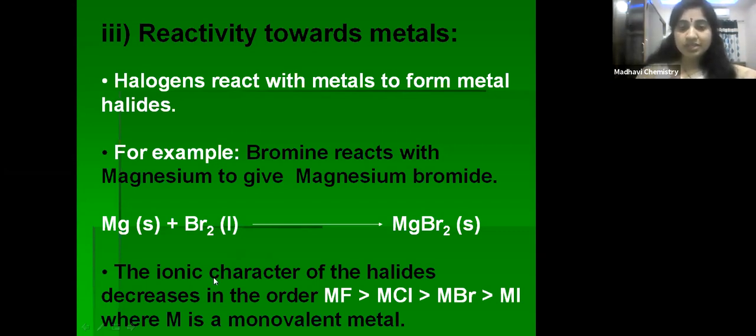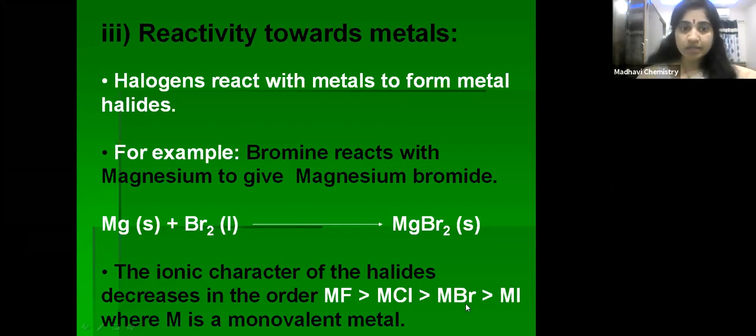This ionic character decreases from MF to MI, where M is a monovalent metal. For example, MF is greater than MCl, greater than MBr, greater than MI. So metal fluoride has more ionic character when compared with metal iodide.